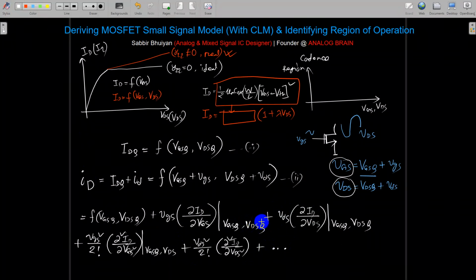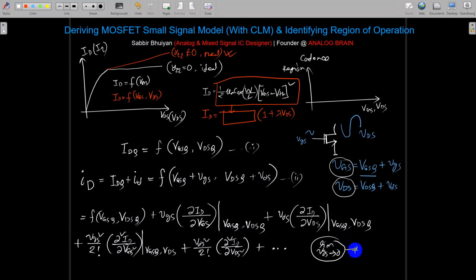Now I'm assuming that our v_GS, our input small signal, is very small, and its limit v_GS tends to 0. You can also write it like that, or it has some constraint.